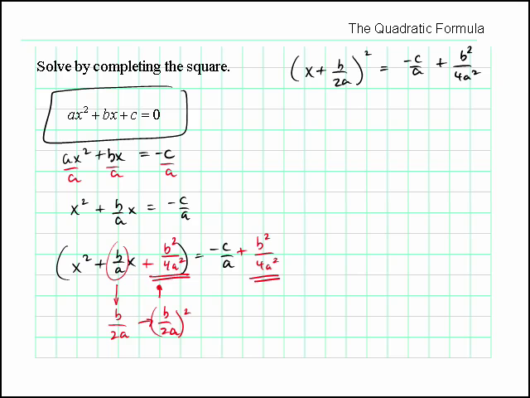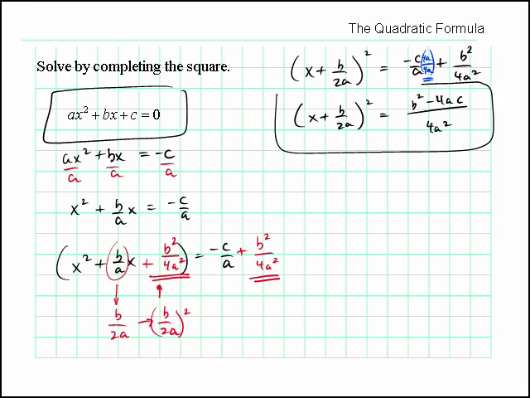And to do that, all I have to do is multiply this fraction right here by, needs an extra 4, it needs a 4a over 4a. I then get x plus b over 2a quantity squared, and the right side becomes one fraction, b squared minus 4ac over 4a squared. And right here I have completed the square.